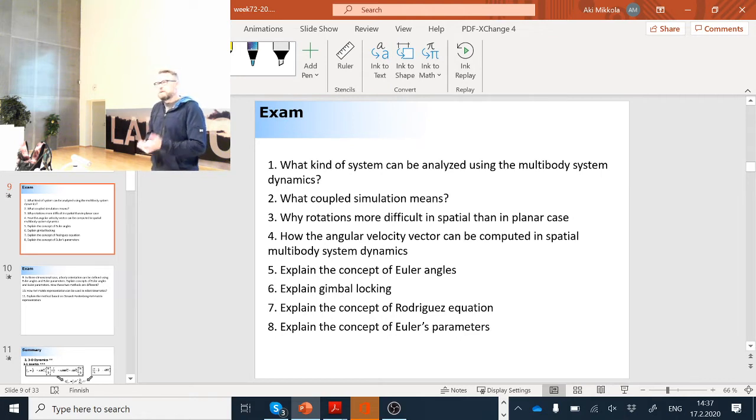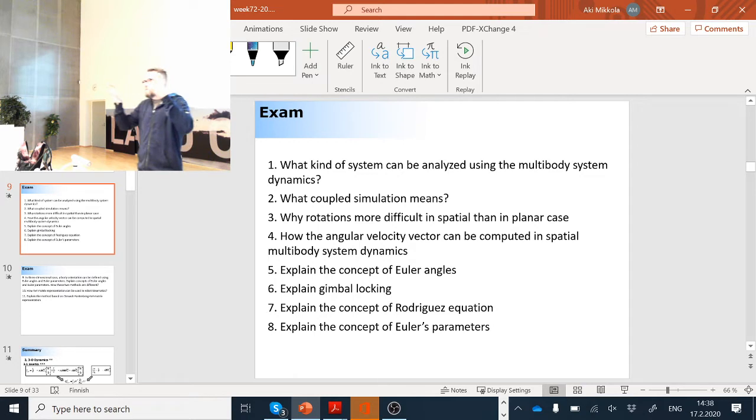Or you can have one software solving the multi-body, another software solving the hydraulics, and then you're exchanging information between these two softwares. This is called co-simulation. Co-simulation can in practice be organized in, let's say, two different ways, depending on how often you're exchanging information between these softwares.